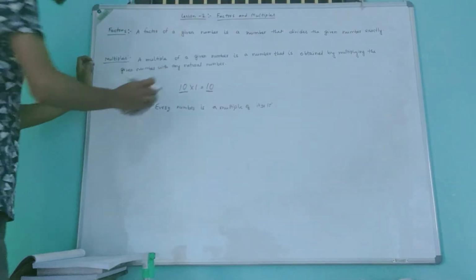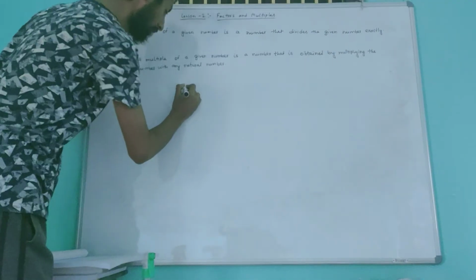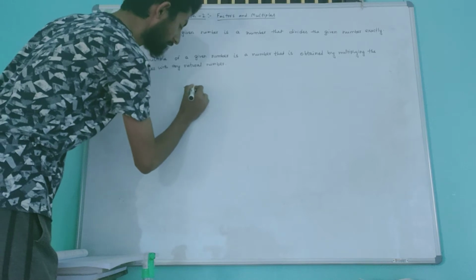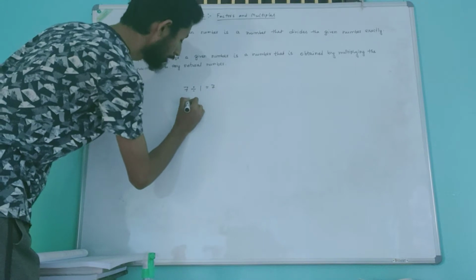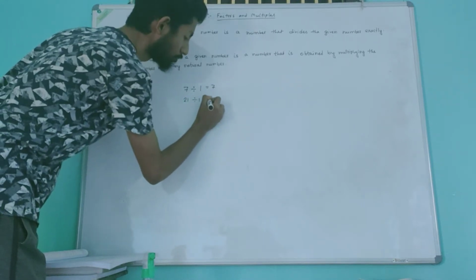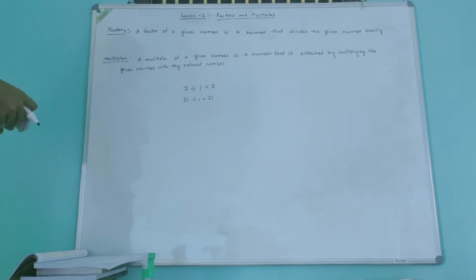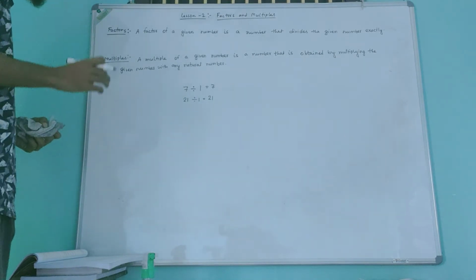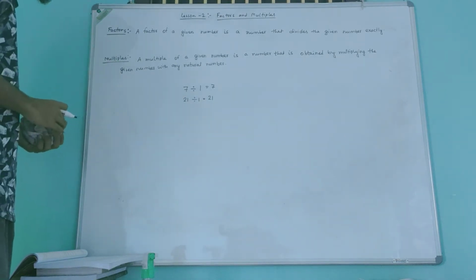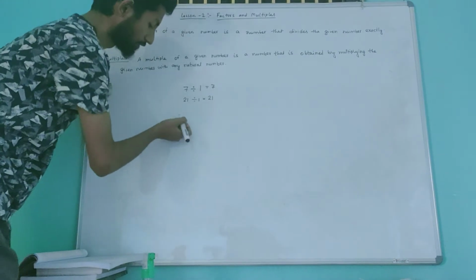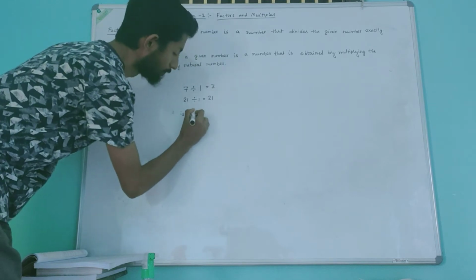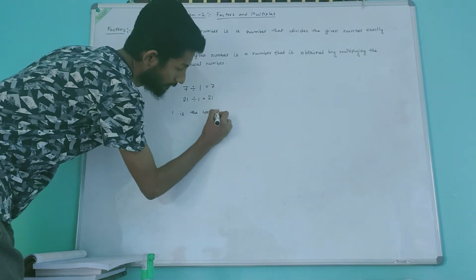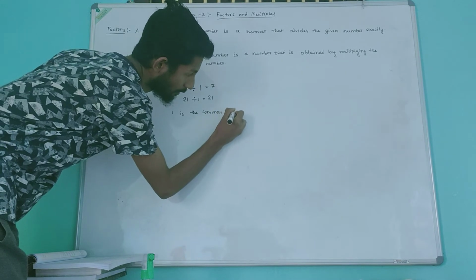Then what can we write? Also you can see, if we write 7 divided by 1, we get 7. If we write 21 divided by 1, we get 21. So what can we see from here? 1 is a common factor.